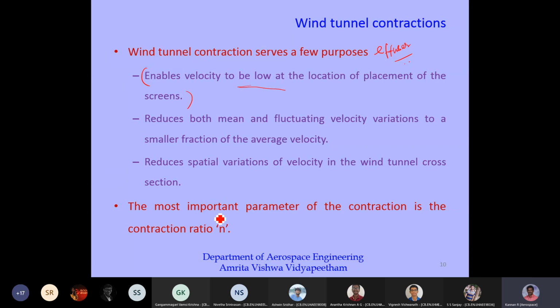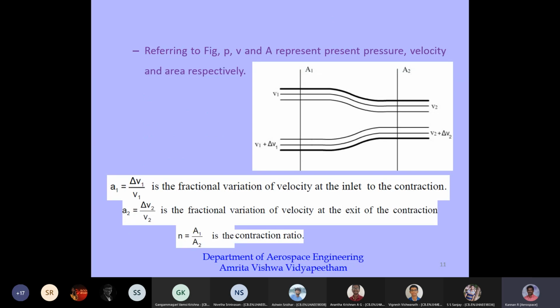So here the contraction cone, the contraction ratio N is going to be very, very important. They are going to calculate N this way. The N value is nothing but A1 by A2. A1 is the area at section 1, which is the intake to the contraction, at the end of the settling chamber.